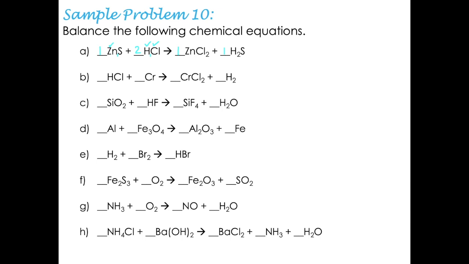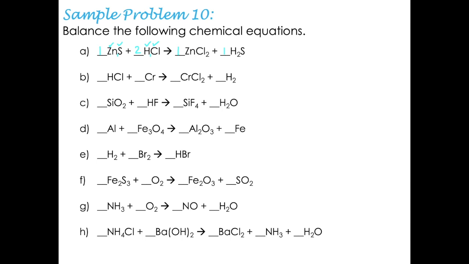Even though I already have coefficients in front of every one of these reactants and products, you always want to double check. I do have 1 sulfur, 1 group of 1 is 1. And I also have 1 sulfur in my product. So this equation is now balanced. This satisfies the law of conservation of mass. The number and type of each atom is the same on both sides.